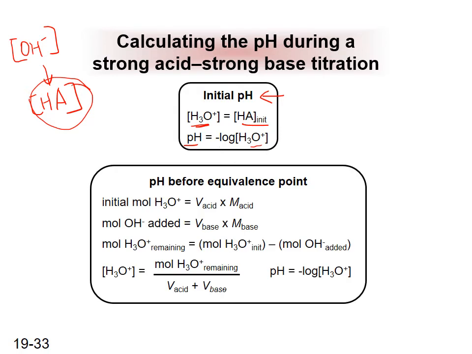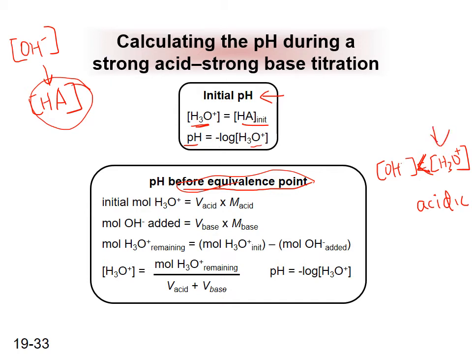Now when the hydroxide is added to the solution, but before the equivalence point, which is when hydroxide equals hydrogen ion, the hydroxide is less than the hydrogen ion. So the solution is still acidic. In order to calculate the pH value, we need to know how much hydrogen ion is left after it reacts with hydroxide.